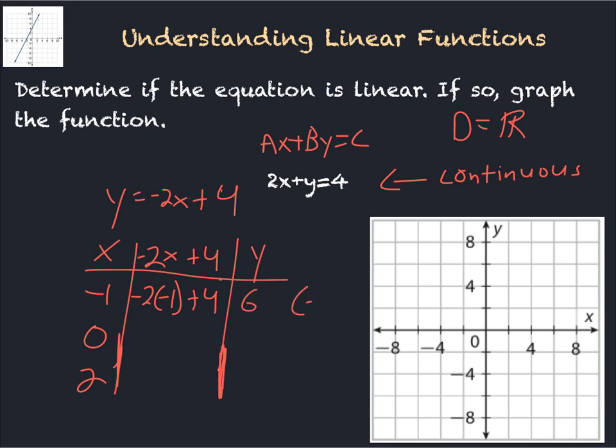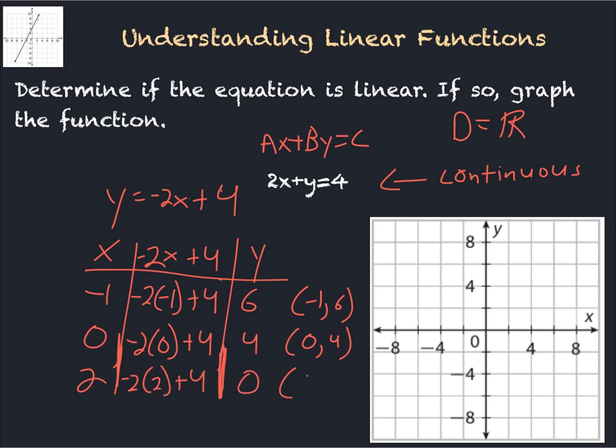So the first ordered pair would be negative 1 comma 6. If we plug in 0, it's negative 2 times 0 plus 4, so our y would be 4. So our second ordered pair would be 0 comma 4. And if we plug in 2, it would be negative 2 times 2 plus 4, which would be 0. So our last ordered pair would be 2 comma 0.